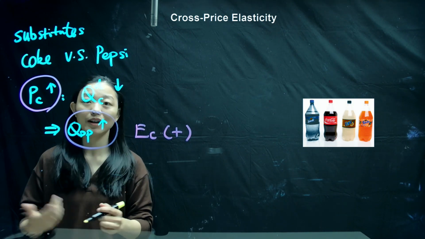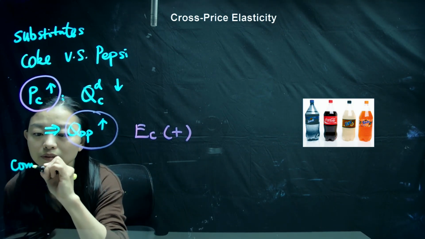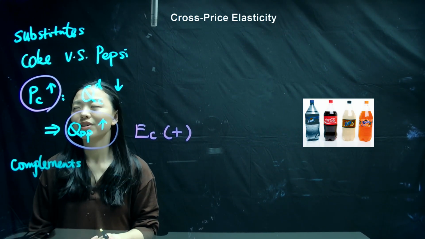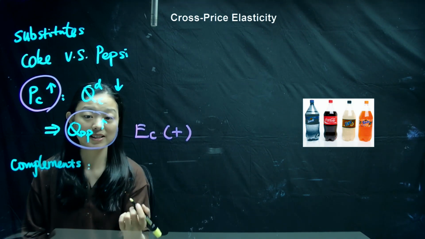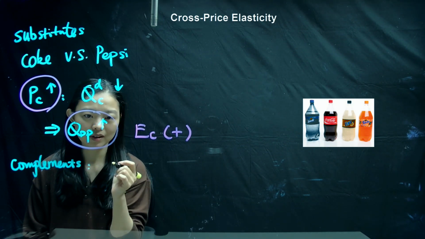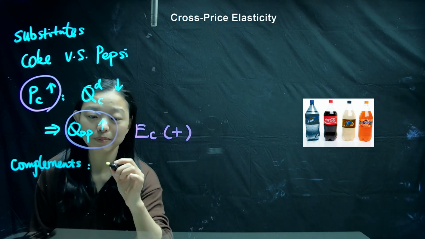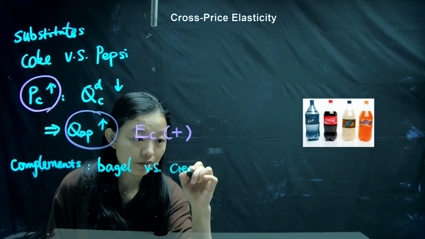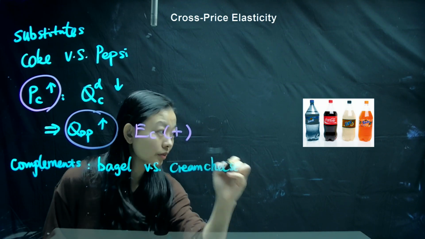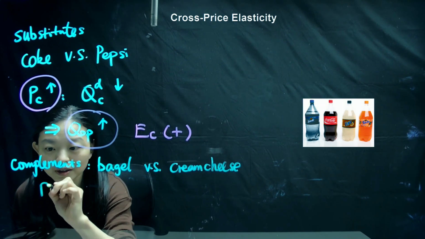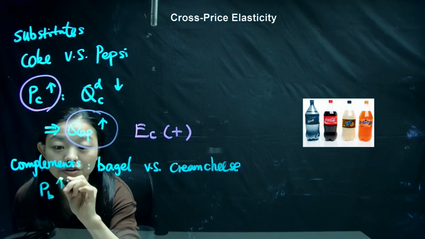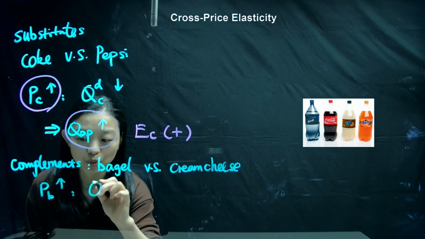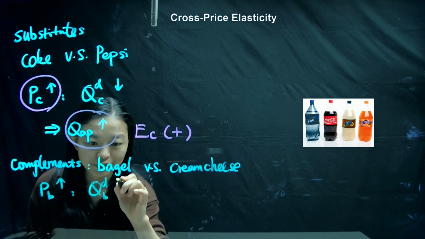Then let's talk about complements. For complements, I would like to still use food as an example: bagel and cream cheese. If the bagel's price increases, consumers will first buy fewer bagels, right?